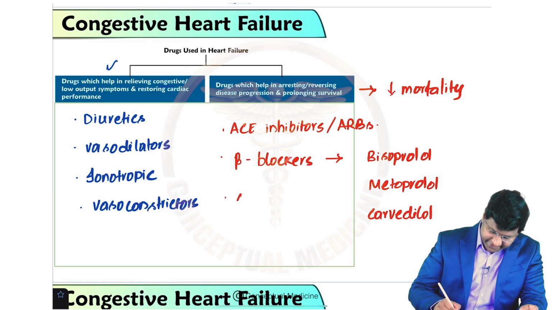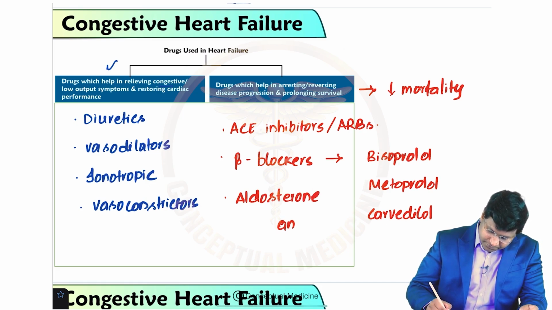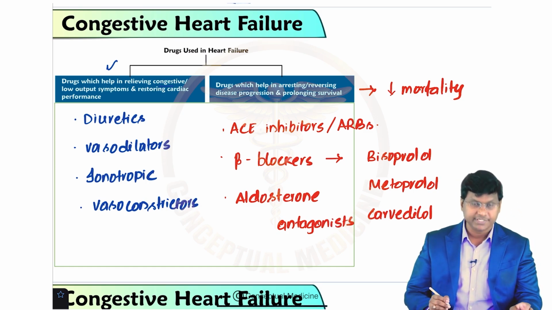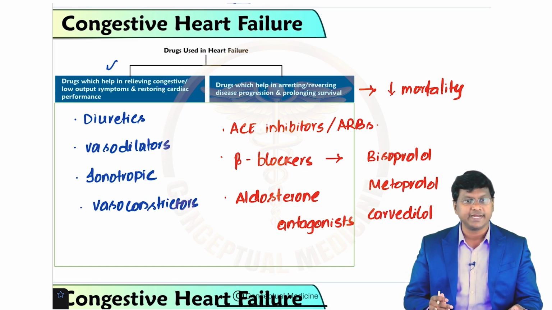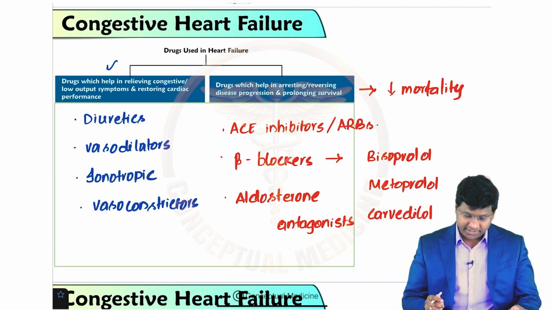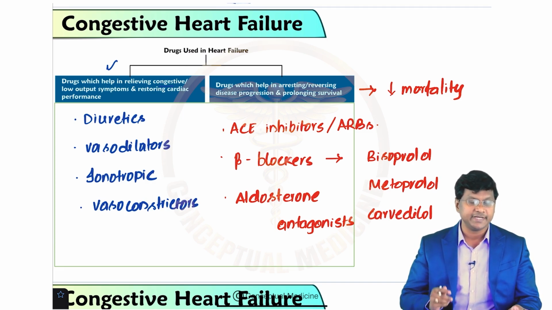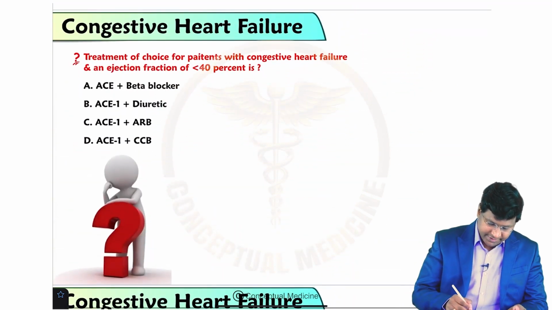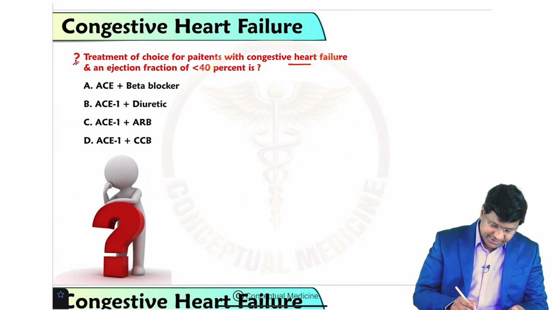Then followed by that we have aldosterone antagonists, and these include spironolactone as well as eplerenone. So these are the drugs which will arrest or reverse the disease progression and will prolong the survival within the individual.